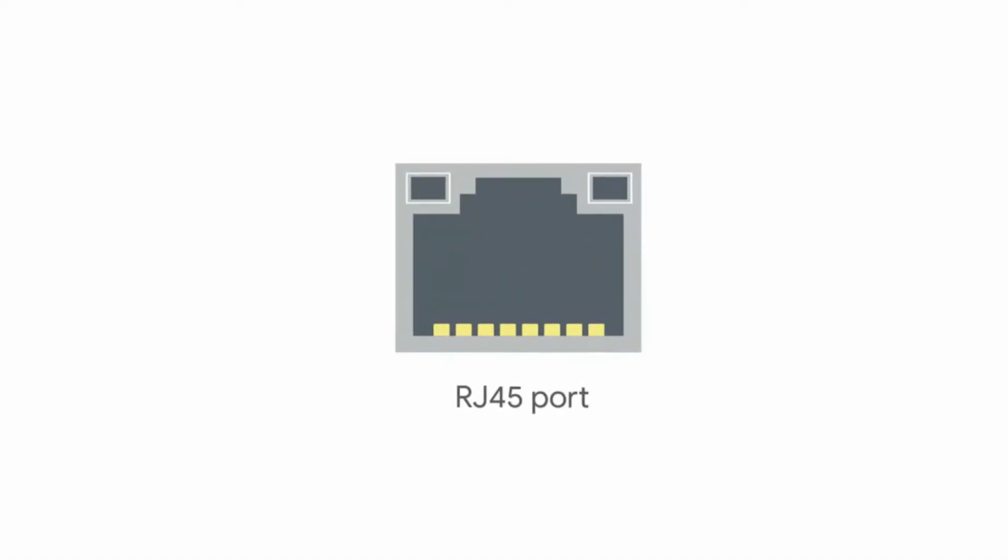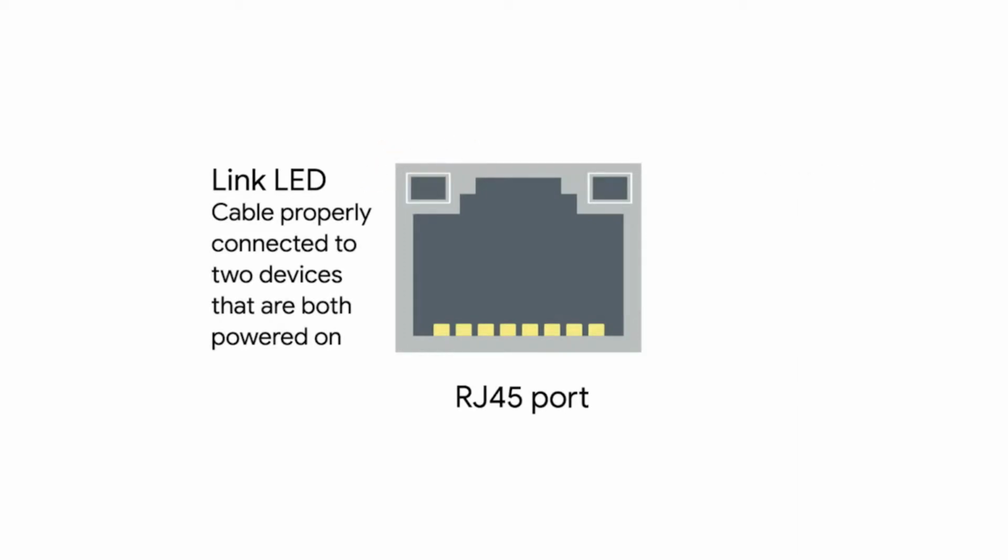Most network ports have two small LEDs. One is the link LED and the other is the activity LED. The link LED will be lit when a cable is properly connected to two devices that are both powered on.